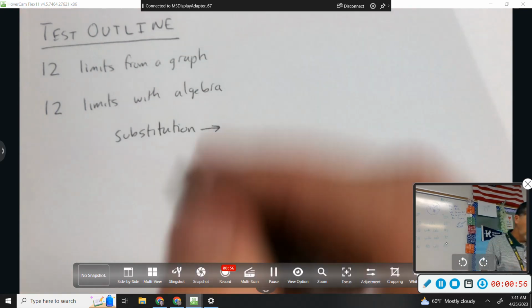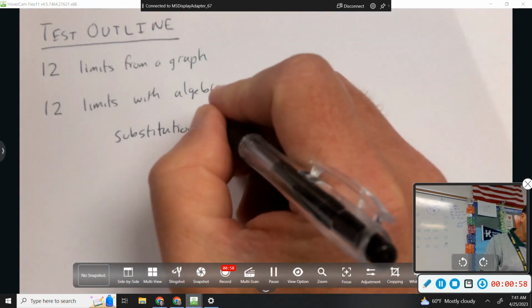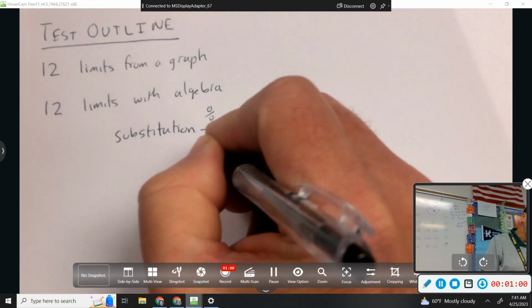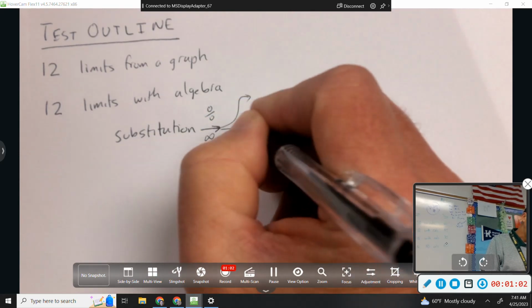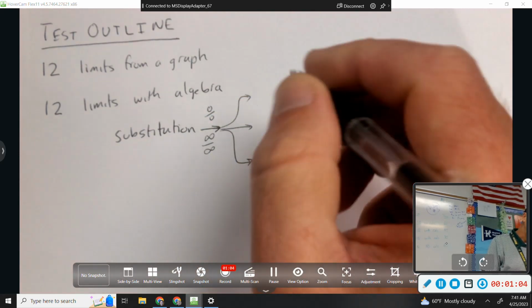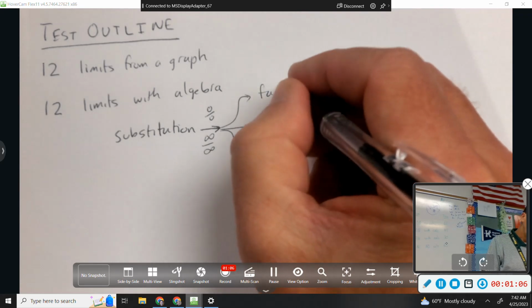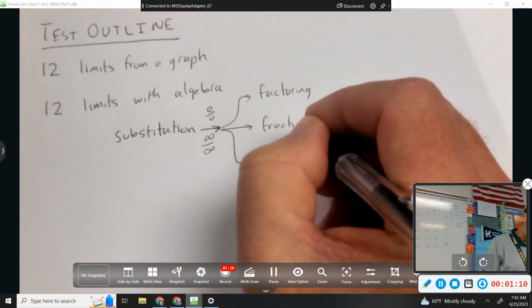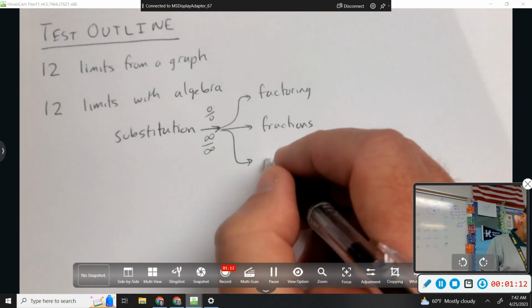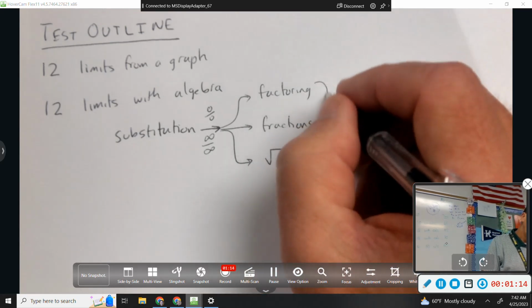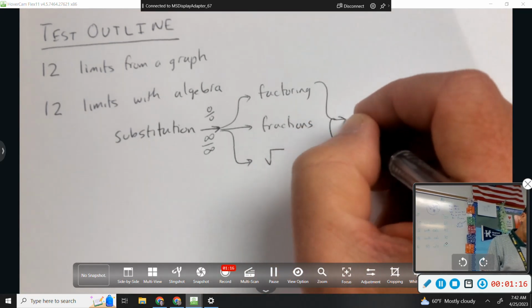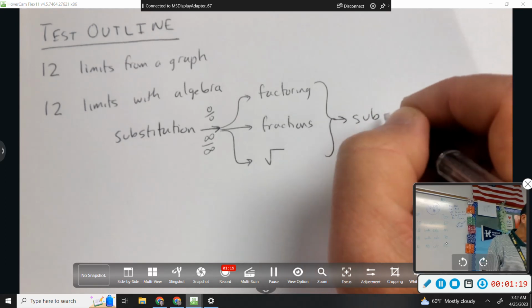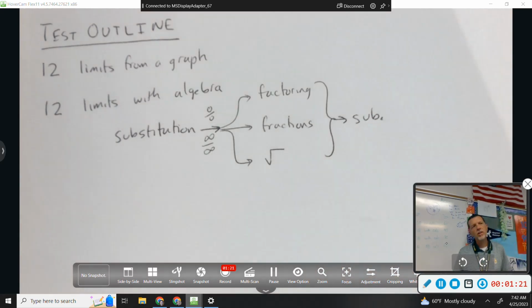Other times, if you get 0 over 0 or infinity over infinity, then you got to try one of our algebra tricks: factoring, clearing fractions, and dealing with square roots. And then you substitute again, and then you've got your answer.